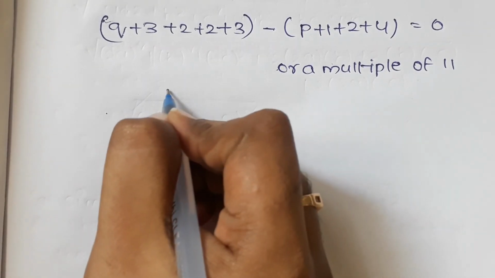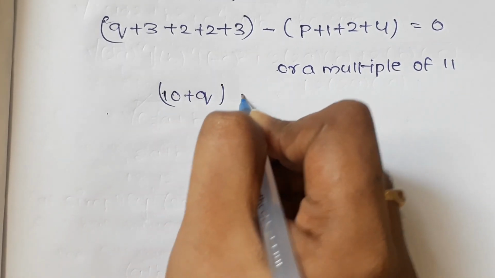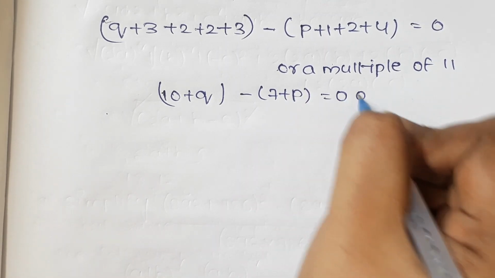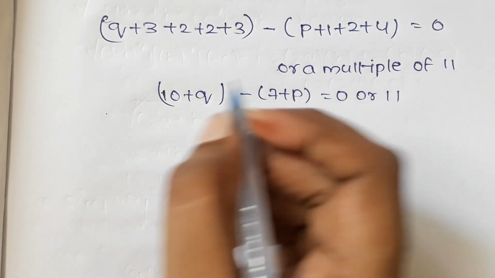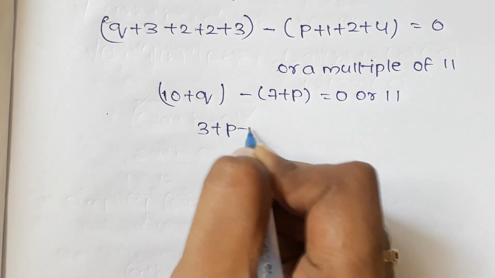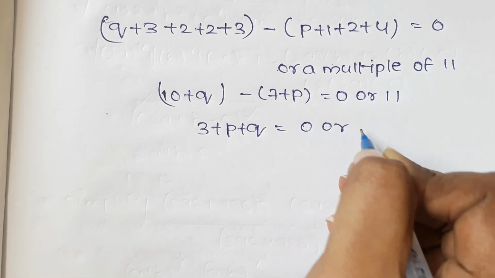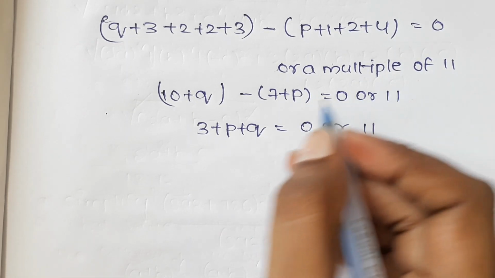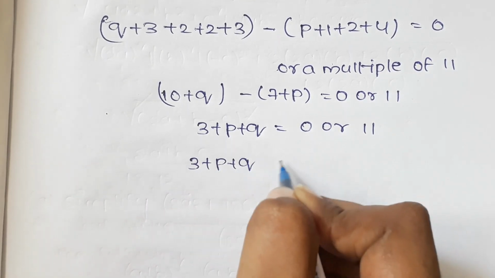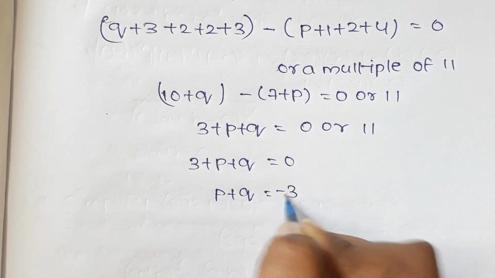So now here 10 plus Q minus 7 plus P equals 0 or 11. Here we will get 10 minus 7 is 3, so 3 plus P plus Q equals 0 or 11. That is, if it is 0, then we will get P plus Q equals minus 3.